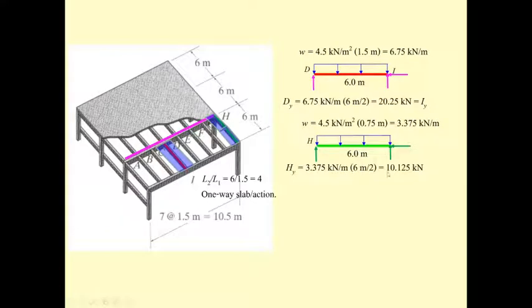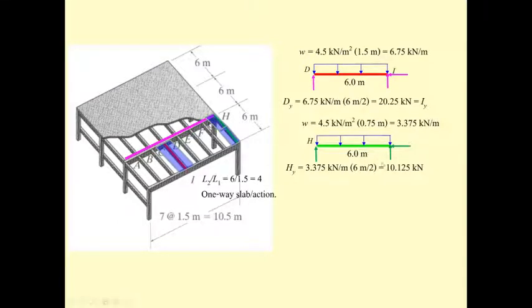10.125 kilonewton. By doing this, let us come back to consider the girder A, B, C, D, E, F, G, H. The girder is going to be subjected to the reaction from the green beam at H, and the beam at A is going to apply the same reaction to the pink beam.